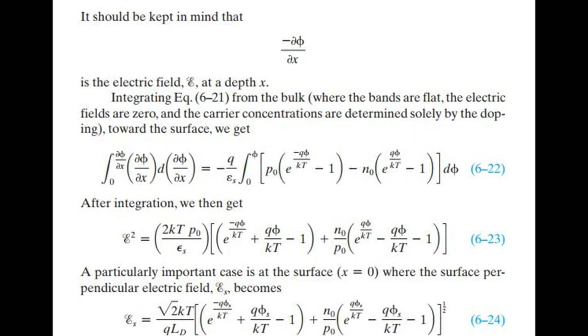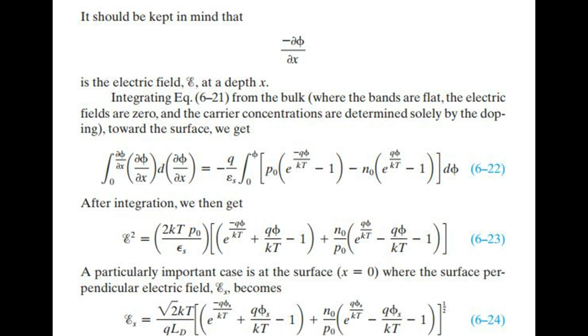It should be kept in mind that E is the electric field at a depth x. Integrating Eq 6.21 from the bulk, where the bands are flat, the electric fields are zero, and the carrier concentrations are determined solely by the doping, toward the surface, we get.